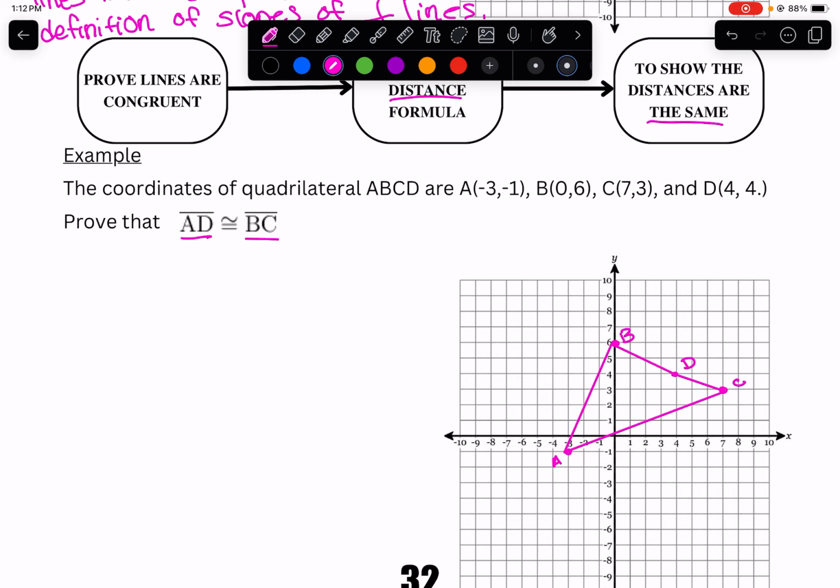So that was my problem, D should be at 4, -4. There we go. That looks a lot better.